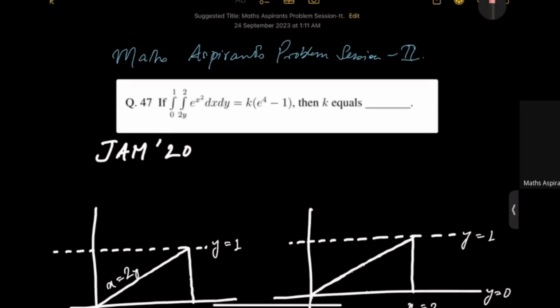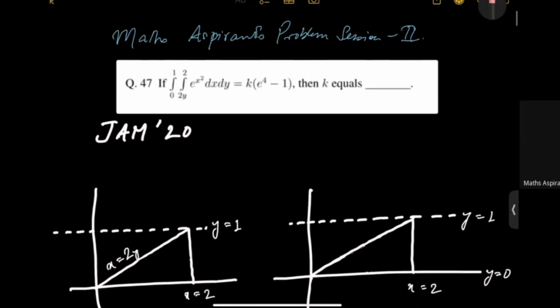Notice that the function that we are going to integrate is e to the power x squared. If you recall the problems in integration, you will realize that e to the power x squared is not an easy function to integrate.